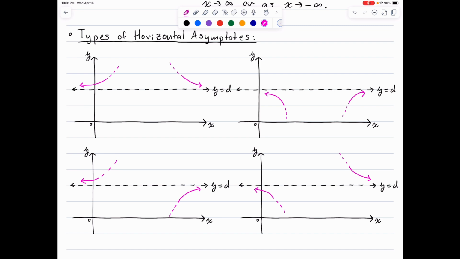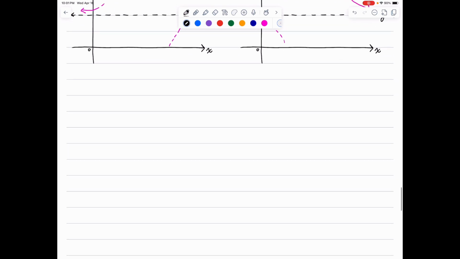So we should have a quick note. A graph can never cross a vertical asymptote.